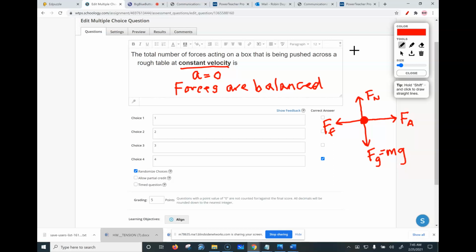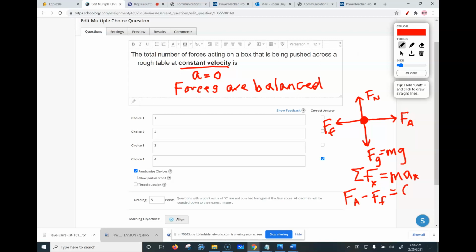You're pushing it, it's got friction. Those two are balanced so that when you do the sum of all the forces, let's concentrate on just the x direction. I would do the applied force minus the frictional force is going to be equal to the mass times the acceleration, but the acceleration is 0.